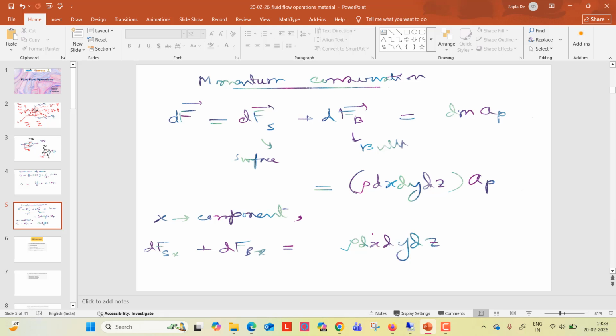So this dm will be the same, but the acceleration will change to apx, right? And now what is this apx?